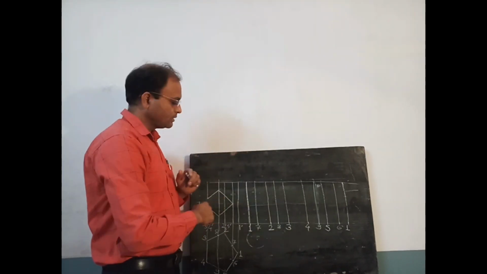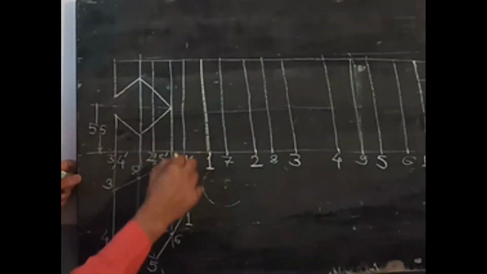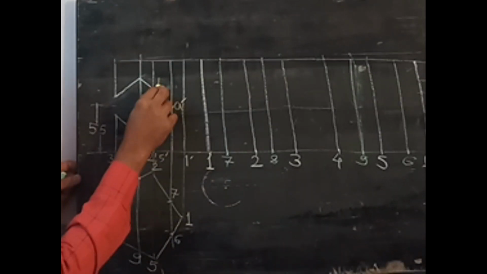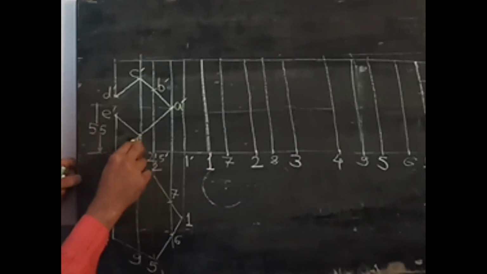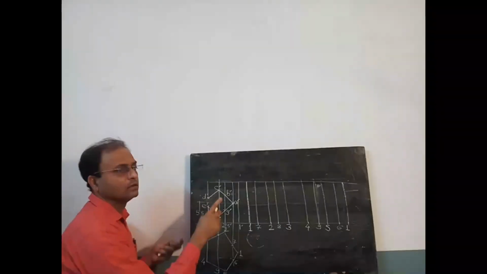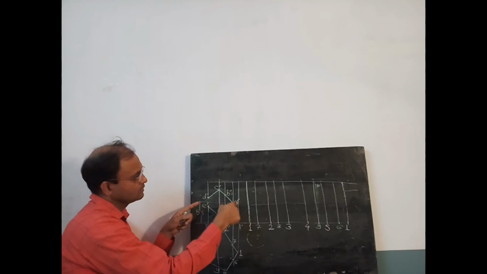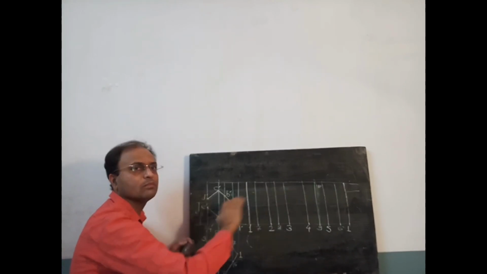Now let us name the points which are common to the cutting planes and the edges. So we have considered these common points on the edges and the cutting planes. Now to get those on the development, we have to draw all parallel lines.